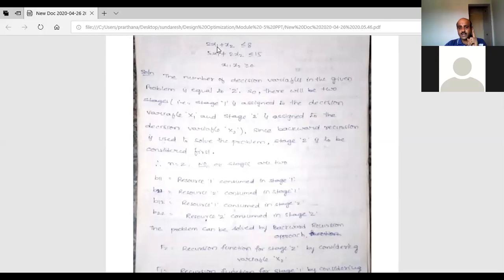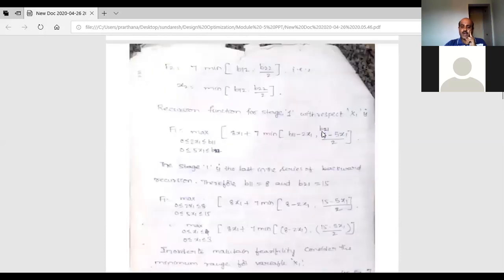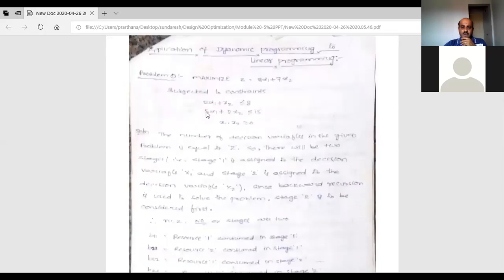So it is b11 minus 2x1, and we are going to express it for the minimum of that and b21 minus 5x1 by 2. This is how we write the recursive function for stage 1, where x1 lies between b11 and 5x1 lies between 2x, b21. Okay. The same thing we discussed for constraints here. It is 2x1.